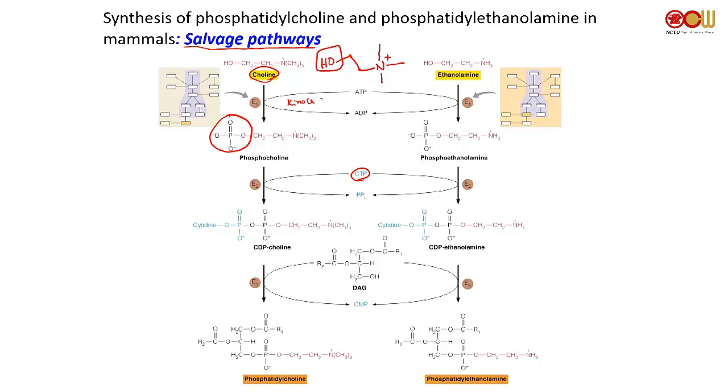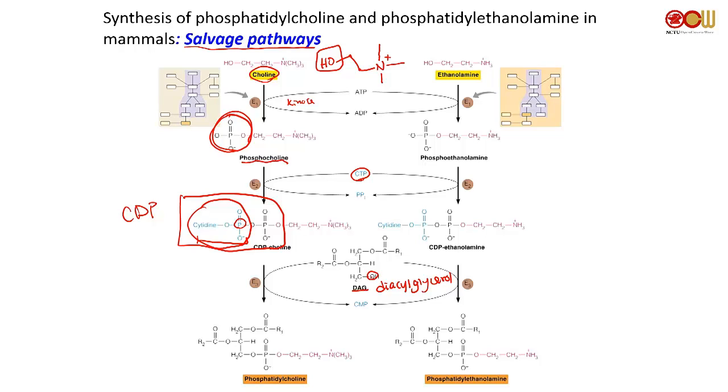Alright, here you transfer a CMP onto phosphocholine, and then because here you already have a phosphate, you put on a CMP, together you get a CDP. CDP choline can then react with this thing DAG, diacylglycerol, okay? Where you can then react from the phosphate to the OH.